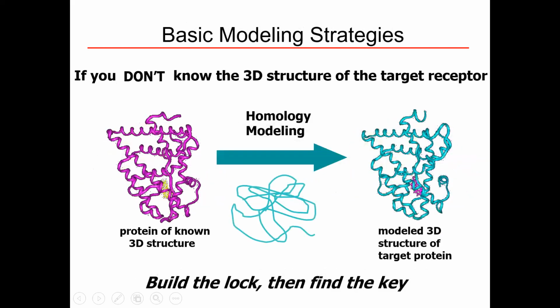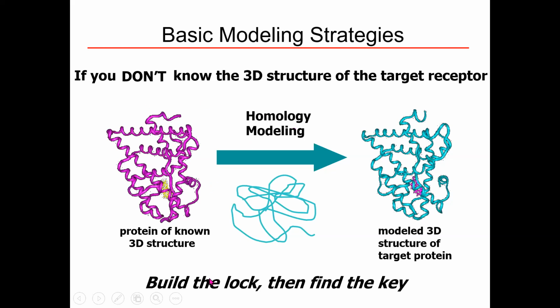Suppose we do not have a structure of the protein. Like I said, for most proteins, the 3D structures are not available. We will have only the 2D sequence, the primary sequence. So we build the 3D structure using some template. That is like making the lock, building the lock.